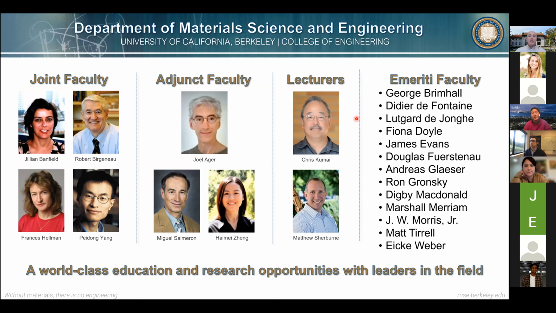And then we have a set of lecturers, Chris Kmai and Matt Sherburne, who really focus a lot on the pedagogical side of things, the teaching side of things from our labs, and really innovation on the teaching side. So we really think we have a world-class education and lots of opportunities for you to work with leaders in the field of material science.